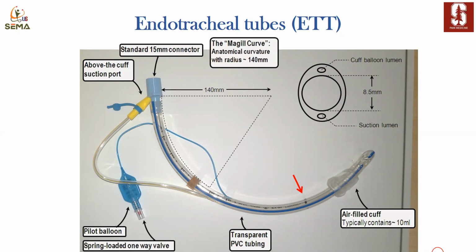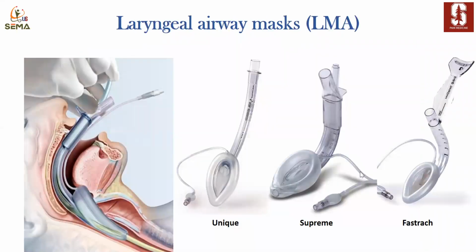And you have the cuff below the vocal cord, and this mark typically should be at the level of the vocal cord. Again, it's important to know the difference between the ET tubes and what is available for you. And you see this is the radio-opaque blue line that appears in the X-ray.